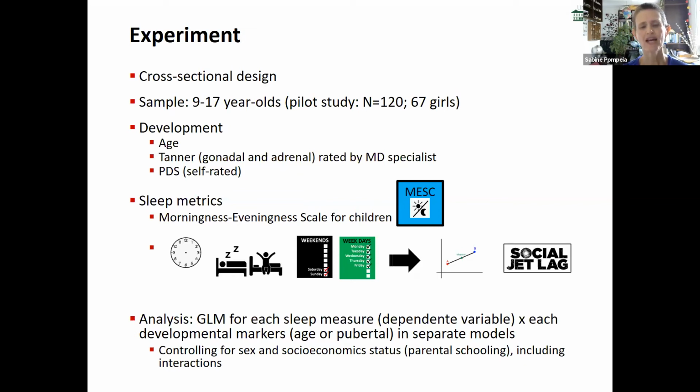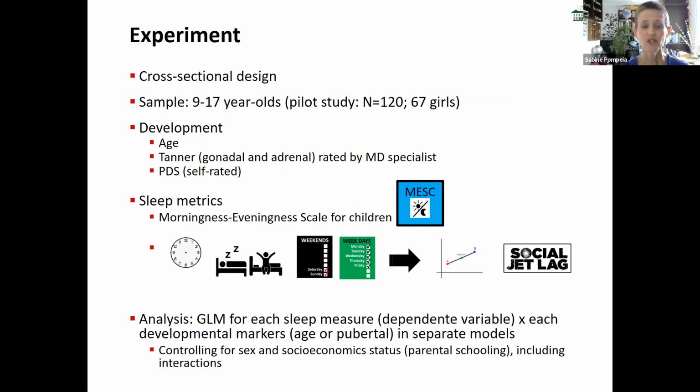And for sleep, we had scores in the Morningness-Eveningness Scale for Children, which is the scale that has mostly been used to assess circadian rhythms in pediatric populations. And we also asked the participants to tell us at what time they went to sleep and woke up on weekends and weekdays, which allowed us to calculate total sleep times, midpoints, and social jet lags.